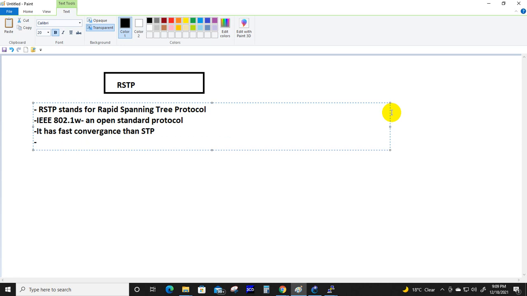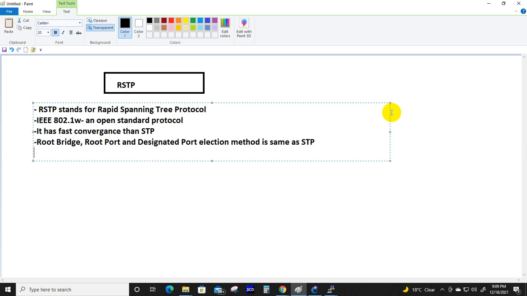Next, the root bridge, or we can say root switch, root port, and designated port election method is the same as traditional STP. PortFast is required in RSTP.